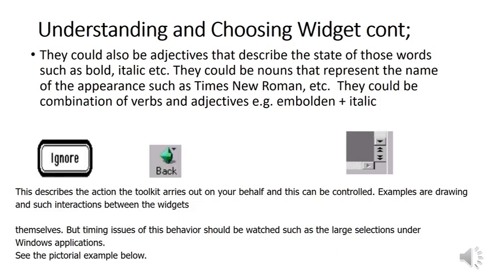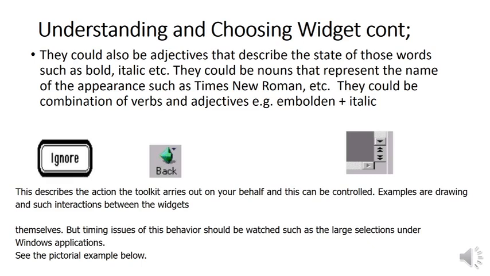They could also be adjectives that describe the state of those words, such as bold, italics, etc. They could be nouns that represent the name of the appearance, such as Times New Roman, etc. They could be a combination of verbs and adjectives, e.g., embolden plus italicize.